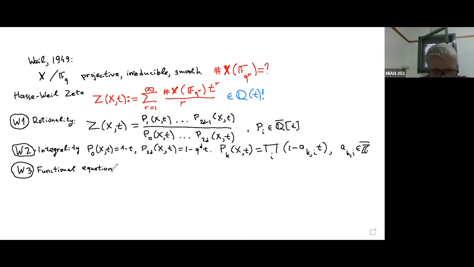The equation we are going to write down now is a direct analog of the functional equation of the Riemann zeta function, because of which it can be treated as a meromorphic function in the whole complex plane.